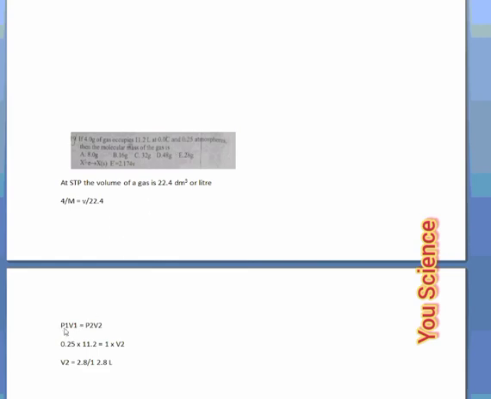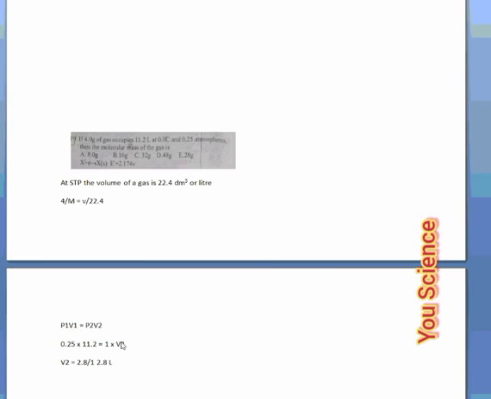So P1 V1 equals P2 V2. My P1 is 0.25 and my V1 is 11.2 liters, which equals P2 of 1 atmosphere, because I want the conditions to be standard so that we can use this molar volume.